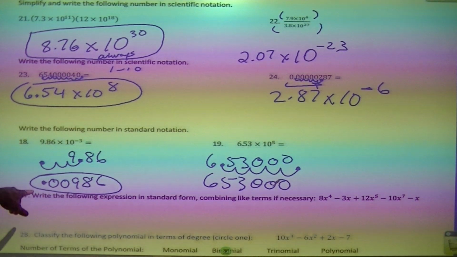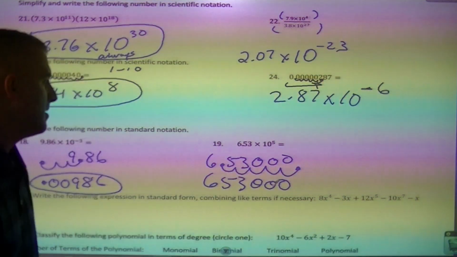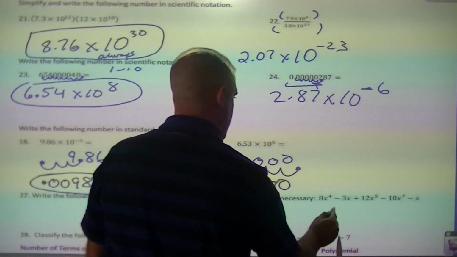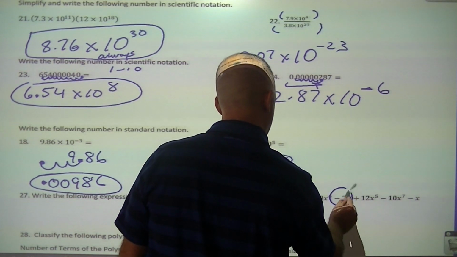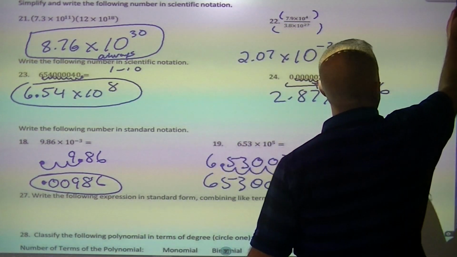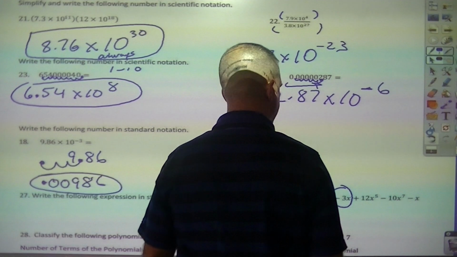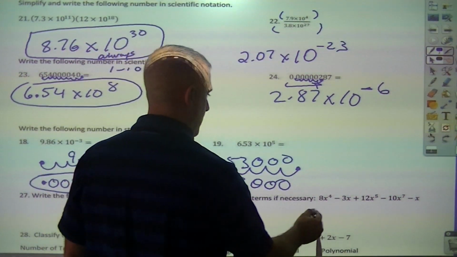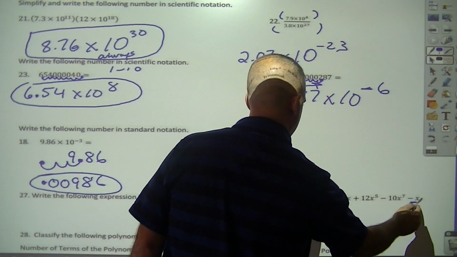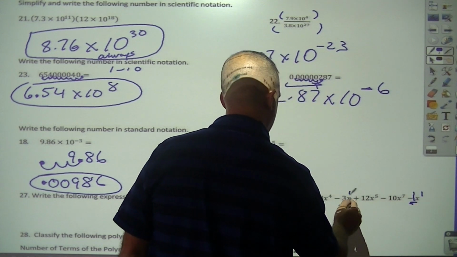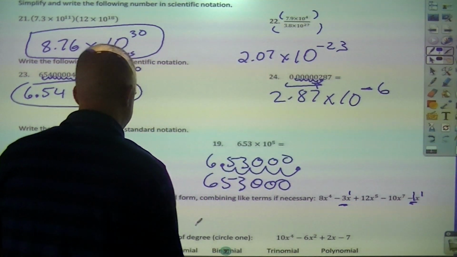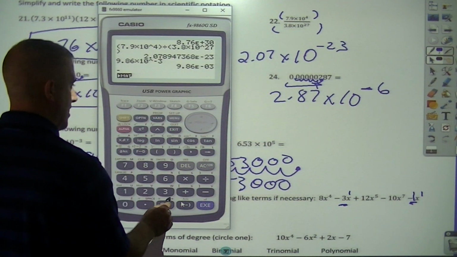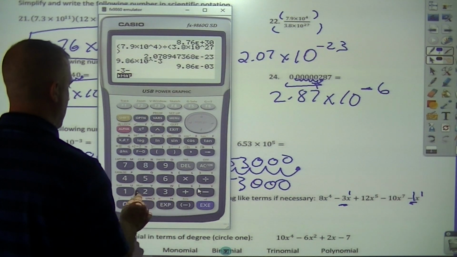All right, it says, write the following expression in standard form, combining any like terms, okay? So the only terms that are alike here are this term and this term. So I put a 1 there, you can put 1s if that helps you, okay? So the only like terms there are -3 minus 1.